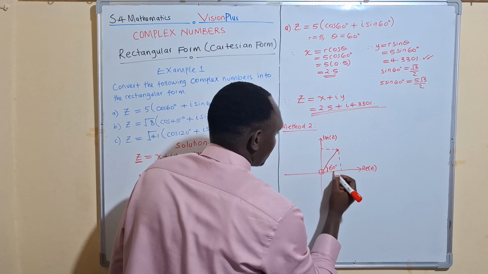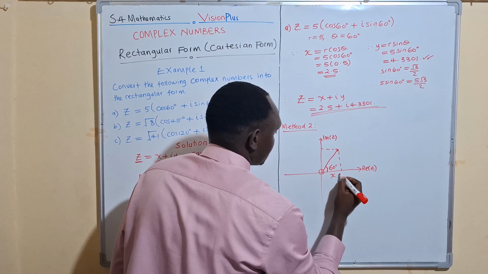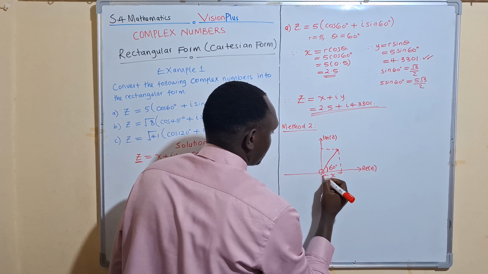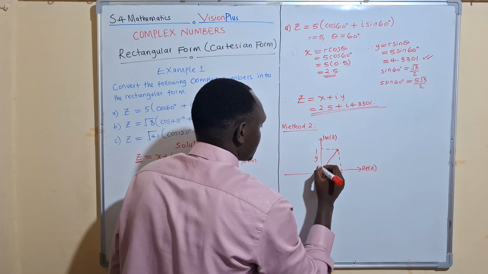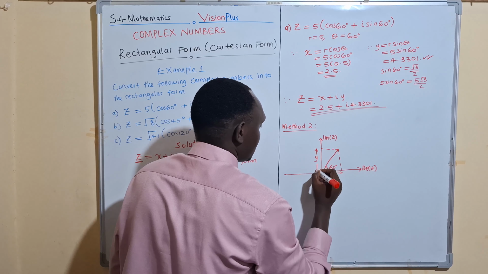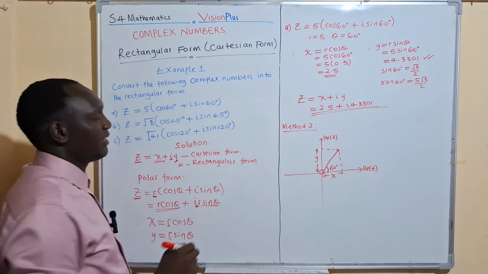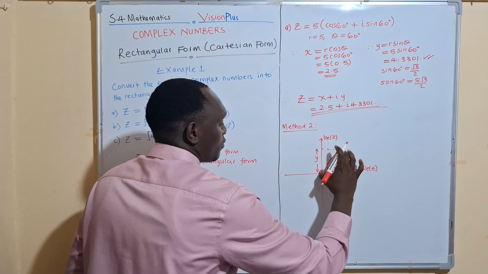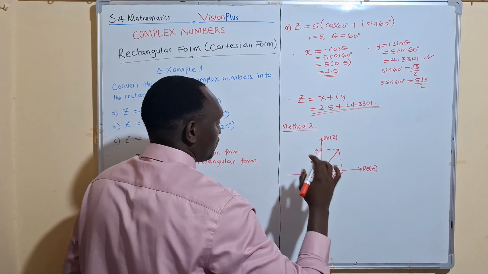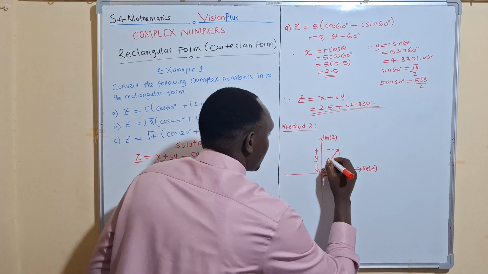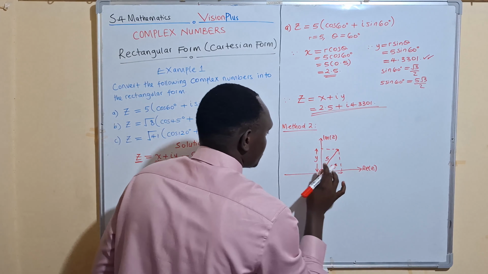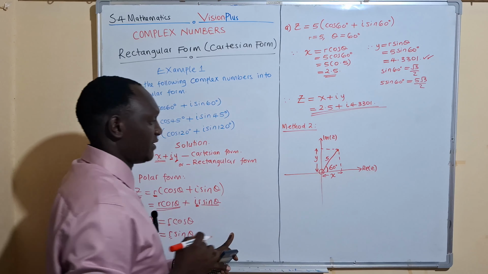So this distance of x here is what we are calling x. Then the distance on the y-axis, which is the vertical axis, that is the imaginary axis, is what we are calling y. And then r. r is the magnitude of the complex number, which is the length of the complex number, which we have there as 5. So that length is 5.